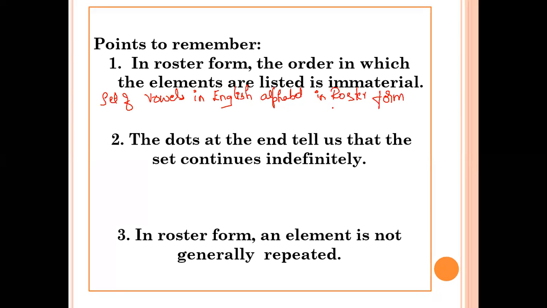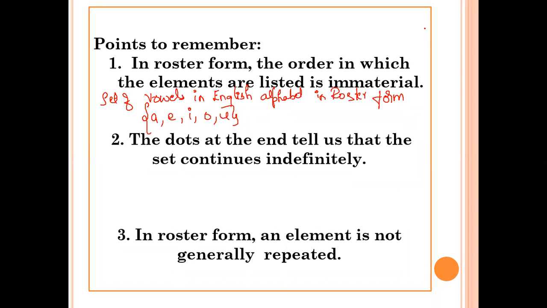You will write A, E, I, O, U. These are the vowels in the English alphabet, and if they ask you to write them in roster form, you have to list them out. Correct? So you write A, E, I, O, U.